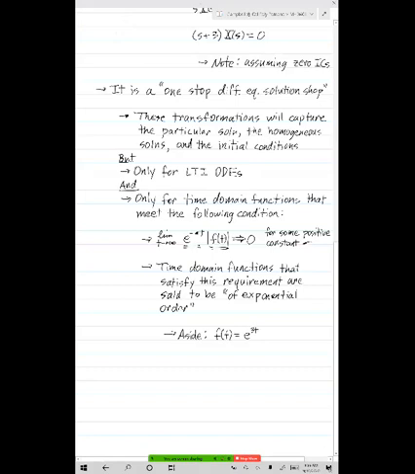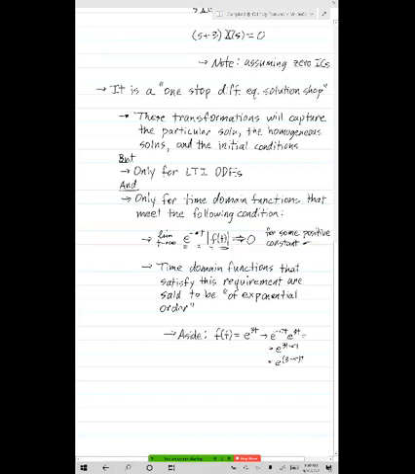And so then we can say that e to the negative sigma t times e to the 3t, well, that's equal to e to the 3t minus sigma t, otherwise known as e to the 3 minus sigma, times t.